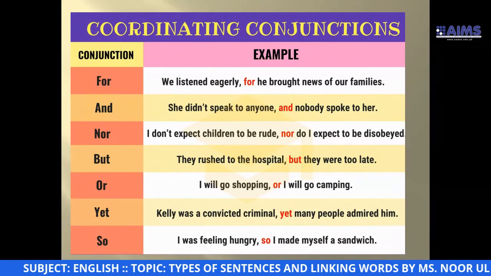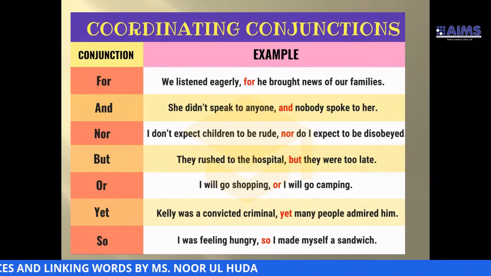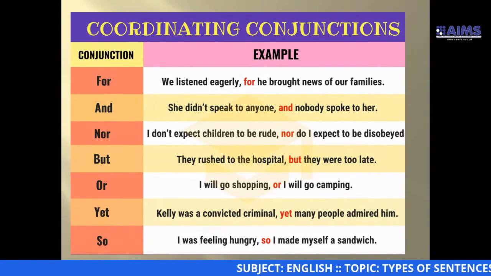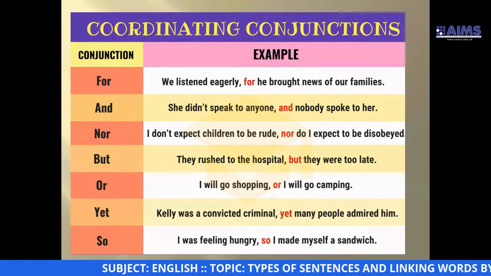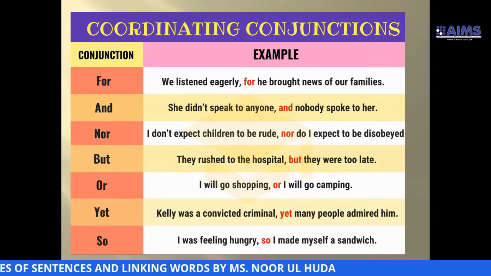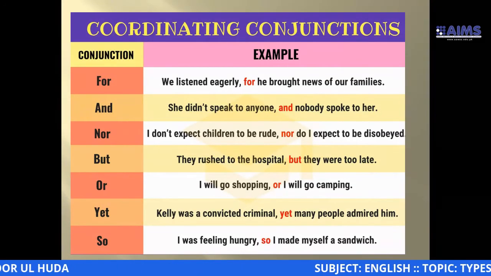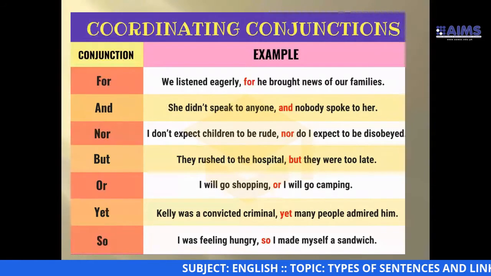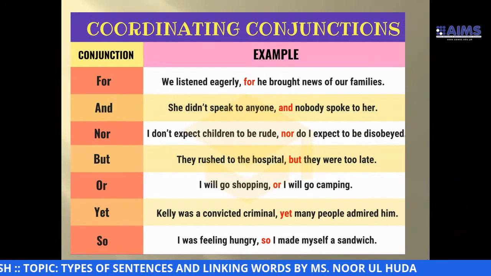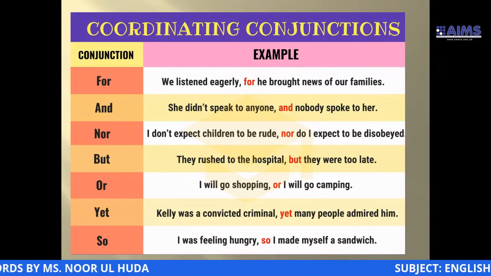If we use any other conjunction, it may change the meaning from a compound sentence to another kind of sentence. There are basically seven coordinating conjunctions, and they can be memorized as FANBOYS: for, and, nor, but, or, yet, and so.